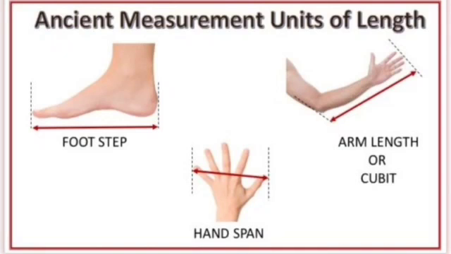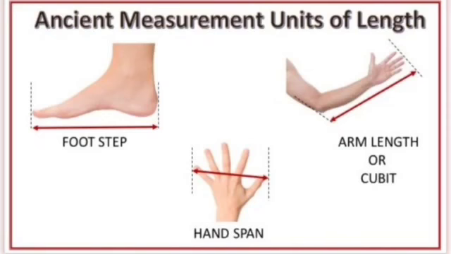That's why it is not the correct way of measuring length because it varies from person to person. That's why it creates confusion. Okay? So these methods are not appropriate to measure the length of an object.